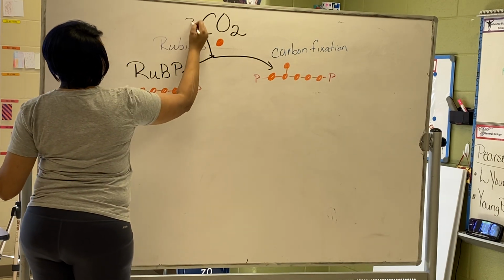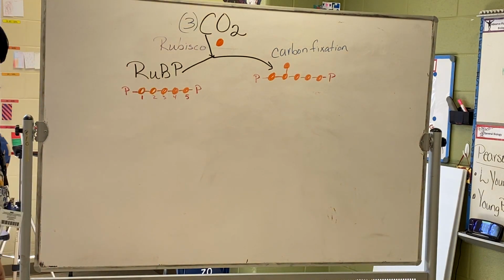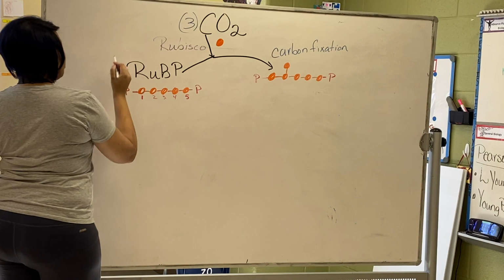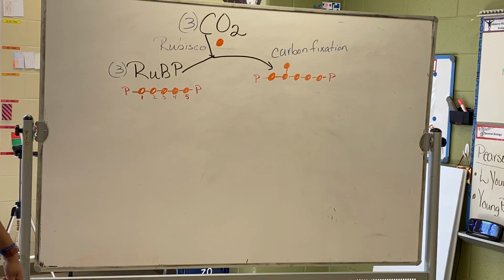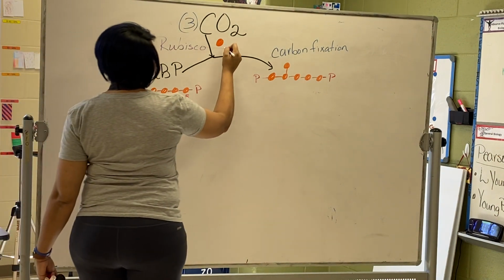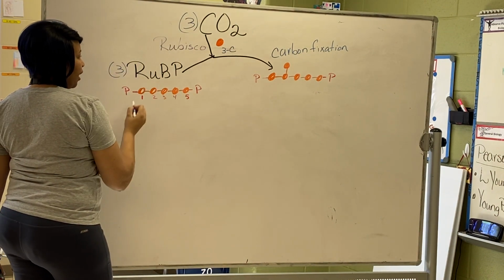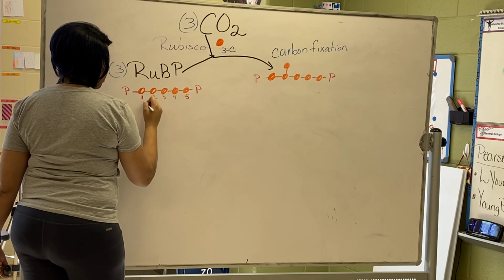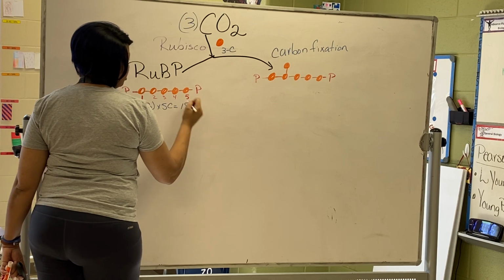So these carbon dioxides will enter one at a time. So if I'm doing this 3 times, that means that I must also have 3 of these. So remember, we're counting carbons as we go around. So that means I'm adding in 3 carbons here. And if I have 3 times 5 carbons, it gives me a total of 15 carbons.